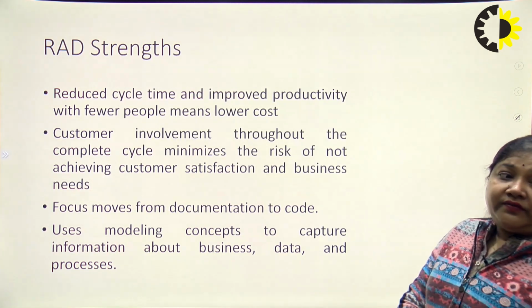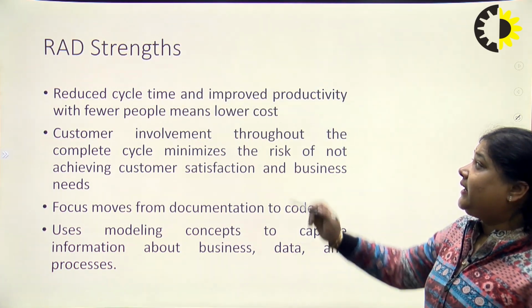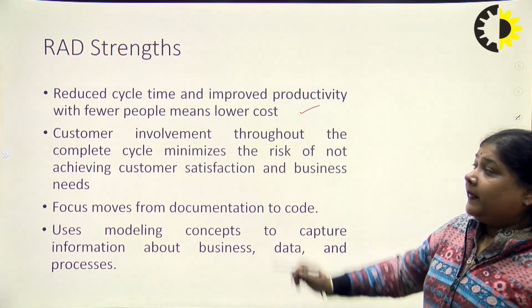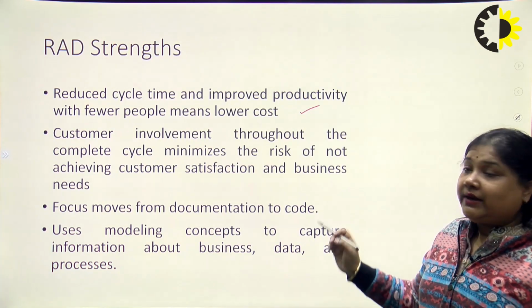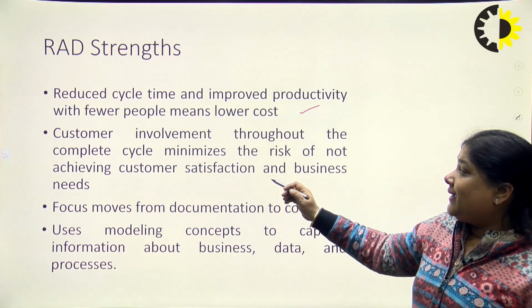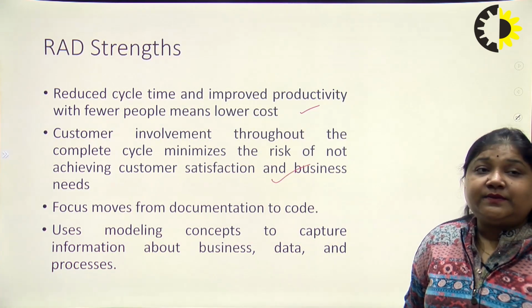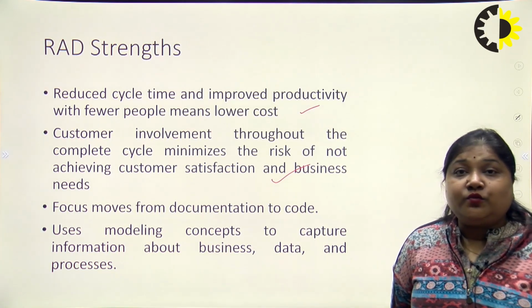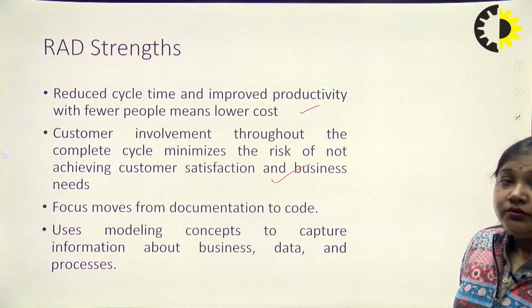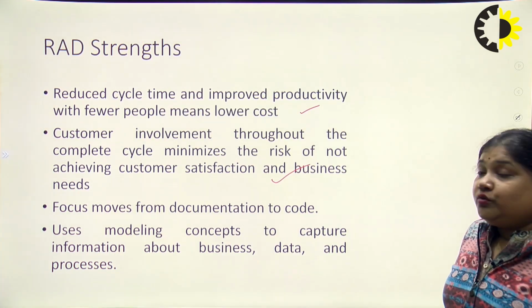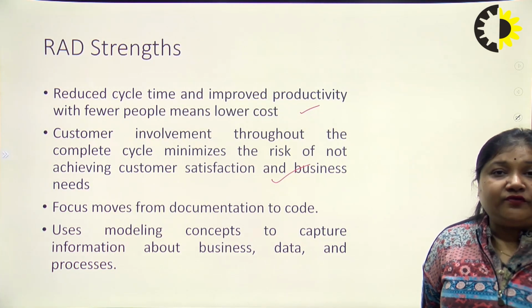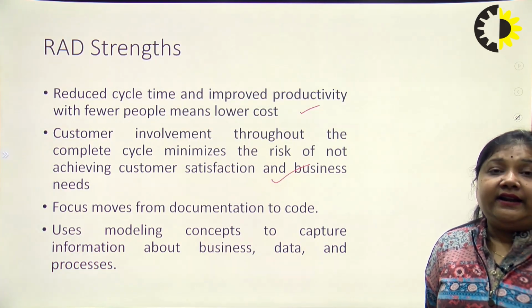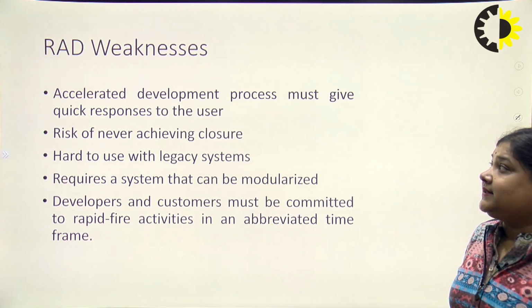The strengths of RAD are reduced cycle time, improved productivity, customer involvement throughout the complete cycle, and minimized risk of not achieving customer satisfaction and business needs. It moves the focus from documentation to the code, and uses the user modeling concept to capture information about business, data and processes.